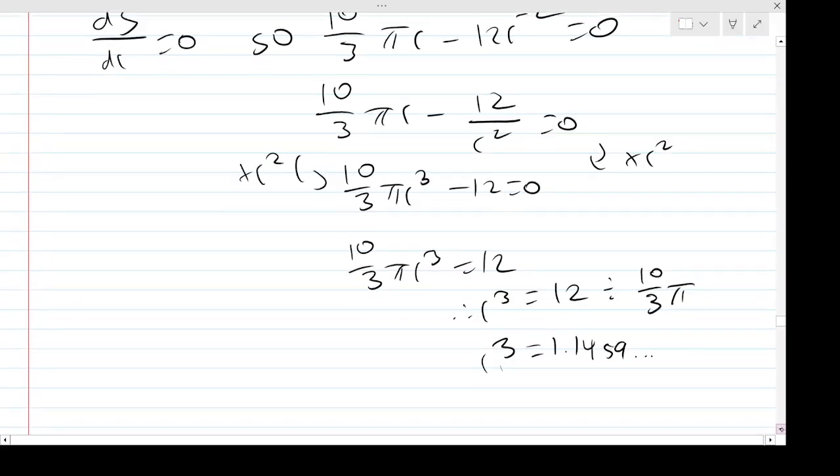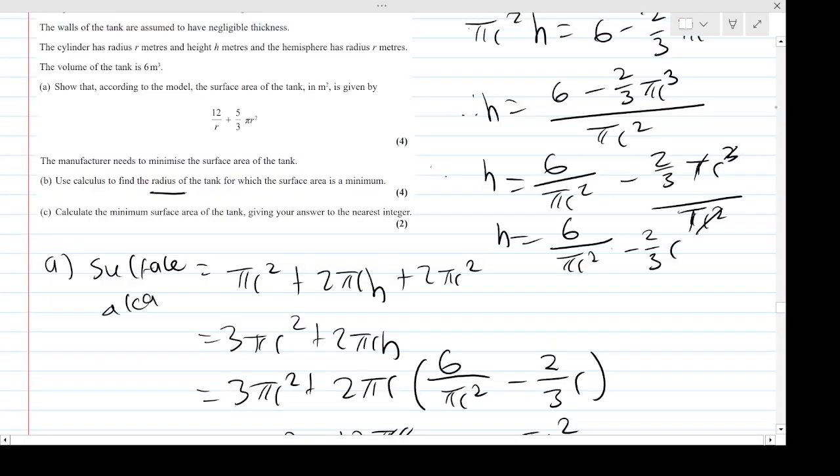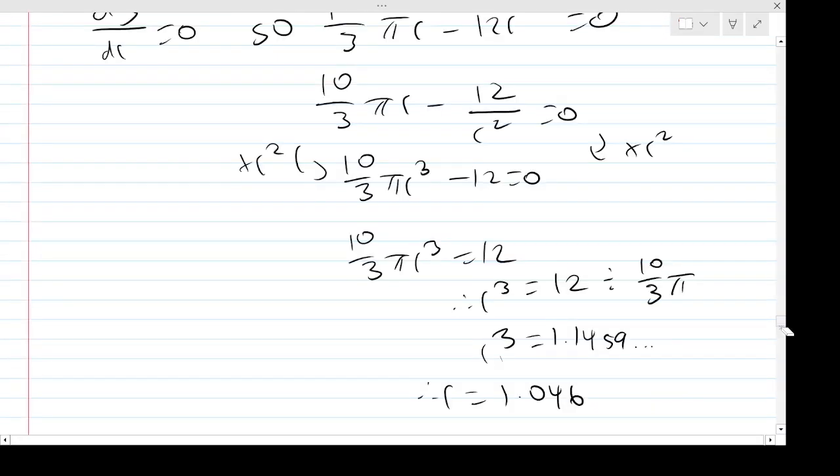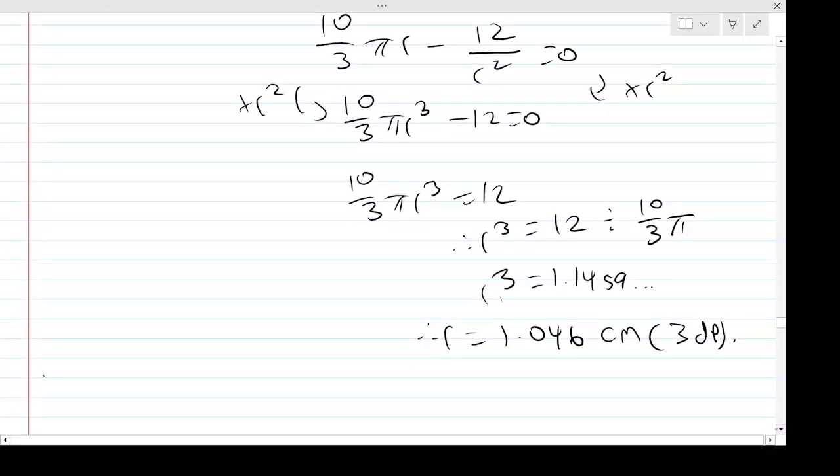So then if I cube root that, I then get r to be 1.046 and so on, meters. It doesn't say to round it to anything, so I'll just leave it as 1.046 meters to, let's say, 3 decimal places. And there we are. So that's the value of r that would minimize it.